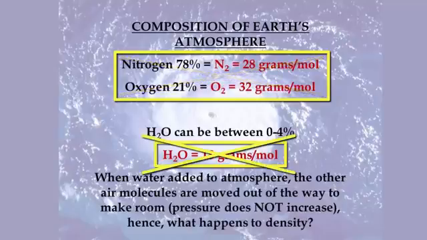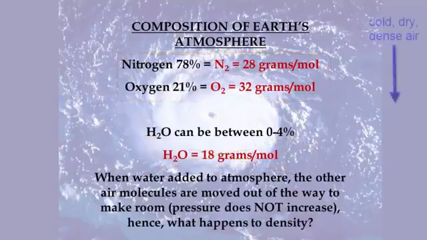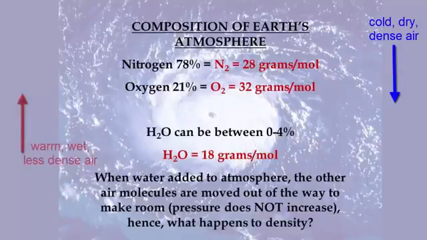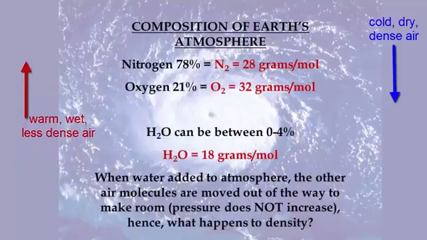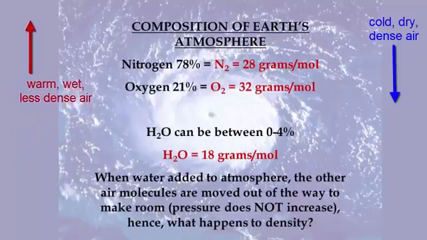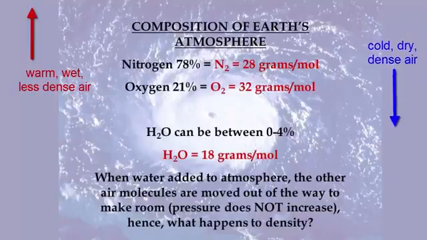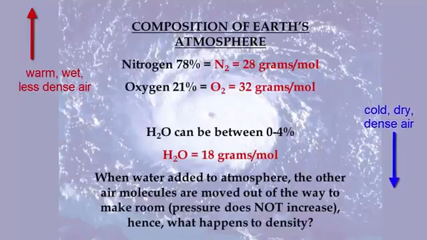Remove the water and the nitrogen and oxygen return and the air becomes denser. So the densest air on the planet is cold and dry. The least dense is warm and wet. If air becomes less dense than the air around it, it will rise and the surrounding air will fill in that space. If air becomes more dense than the air below it, the denser air will sink.